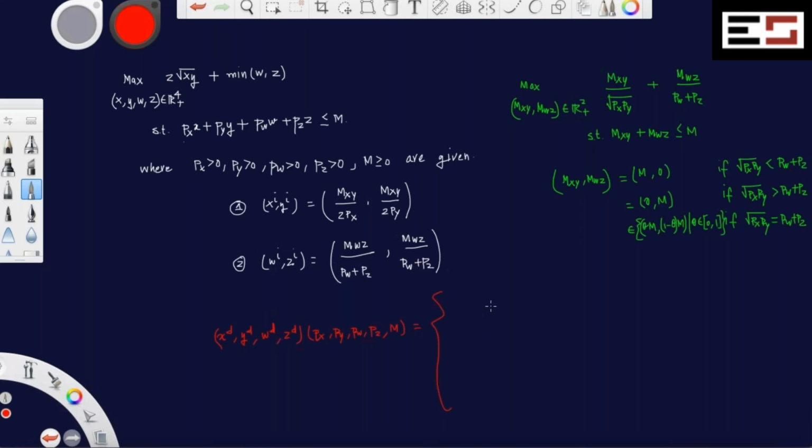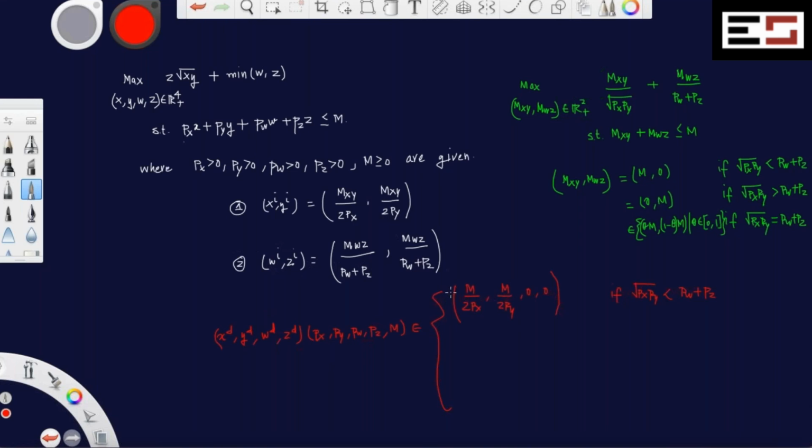Okay, so if root pxpy is less than pw plus pz, then in that case you are going to allocate m to mxy and 0 to mwz, which means that you are going to consume, according to this, m by 2px comma m by 2py comma 0 comma 0.